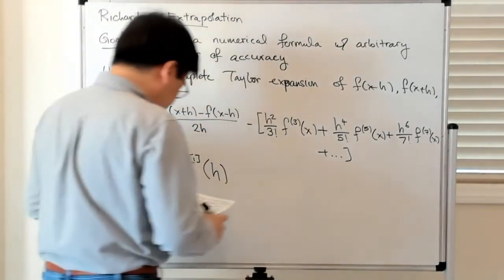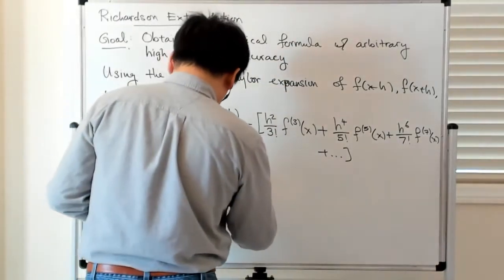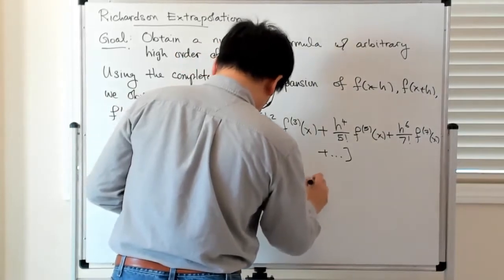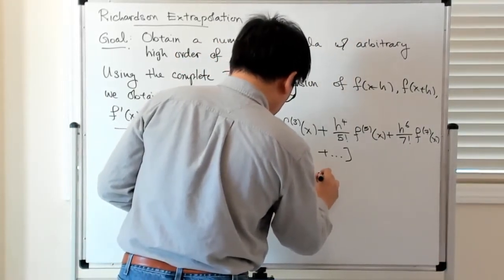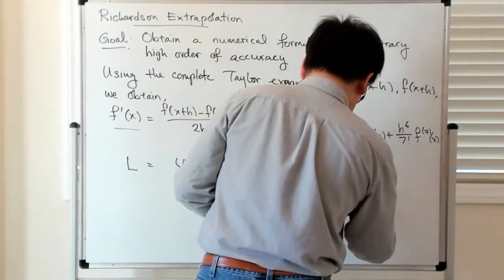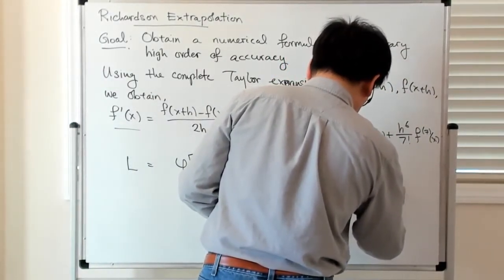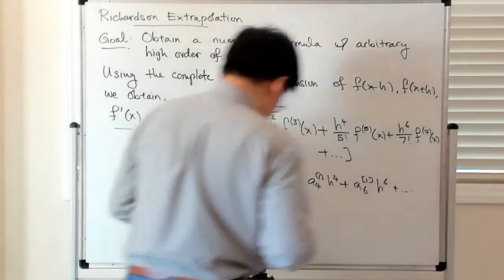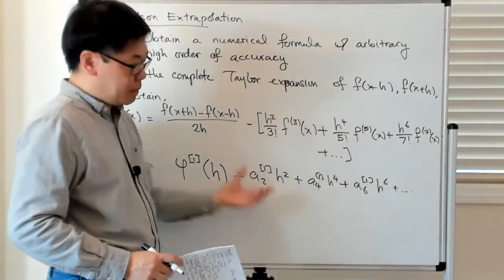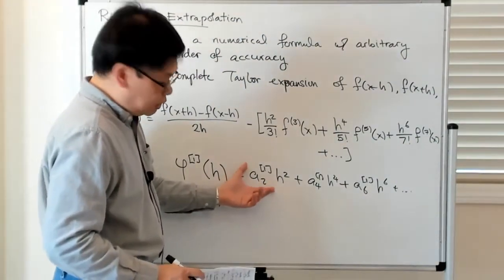And then there's an error expansion, which I call a21 h squared plus a41 h to the 4th plus a61 h to the 6, and so on.